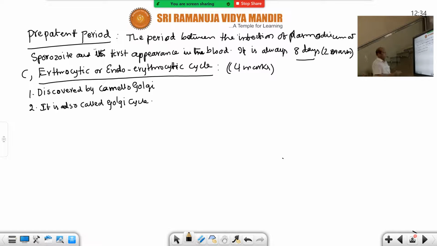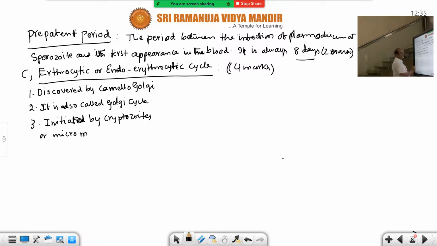Point wise, let us say it is started by either cryptozoites or micro-metacryptozoites. Initiated by or started by. Initiated means started. It is initiated by these stages: cryptozoites or micro-metacryptozoites.